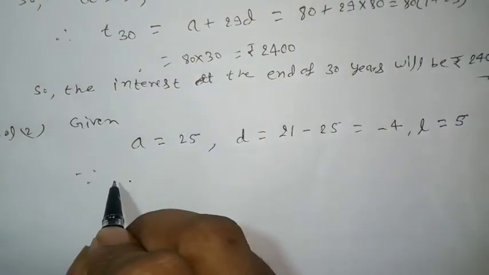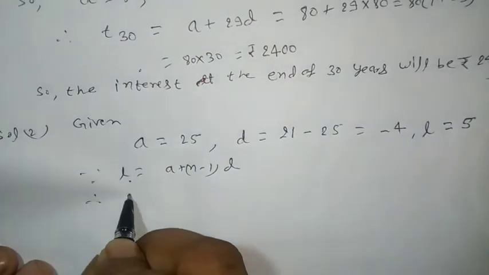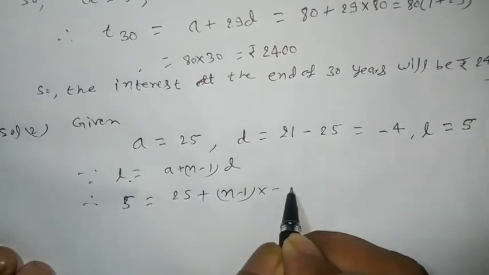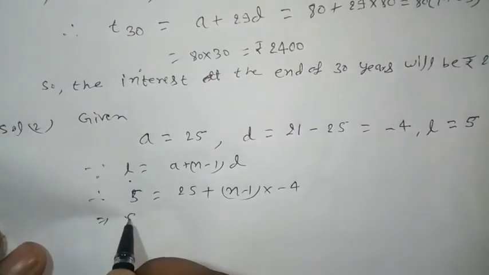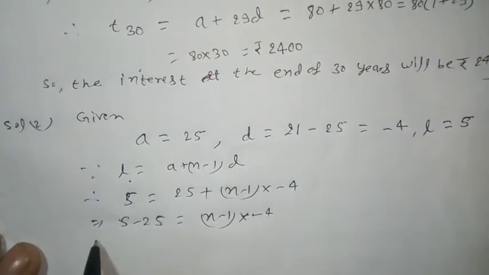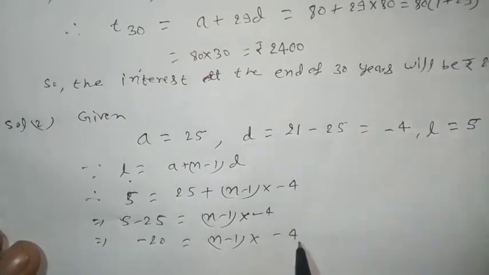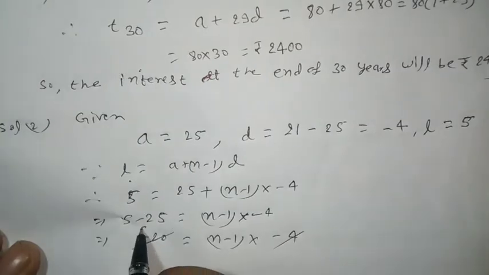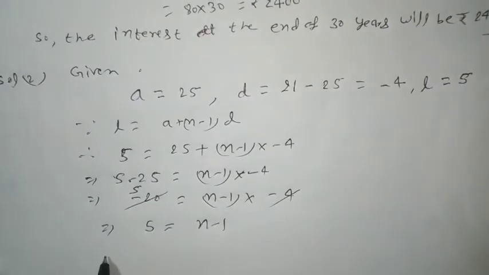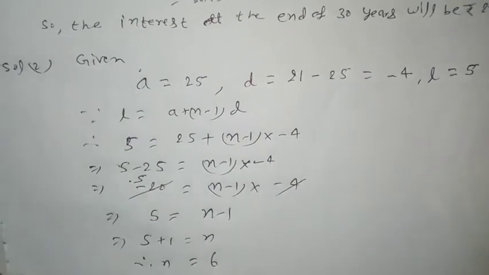Now because L is equal to A plus n minus 1 into D, therefore 5 is equal to 25 plus n minus 1 into minus 4, implies 5 minus 25 is equal to n minus 1 into minus 4, implies minus 20 is equal to n minus 1 into minus 4, minus 4, 5s are 20, minus minus cancel, implies 5 is equal to n minus 1, implies 5 plus 1 is equal to n, therefore n is equal to 6.